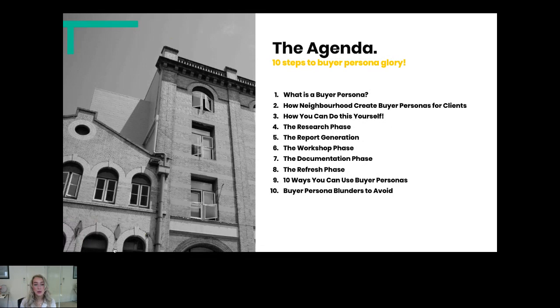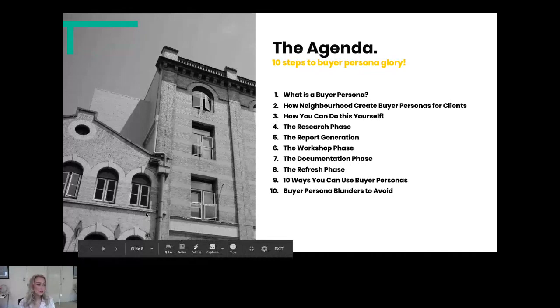We'll then go through each of the phases that we go through in our workshops. So we'll look at the research phase, the report generation, the workshop, documentation, and refresh stages. I'll then go through 10 ways that you can use buyer personas based on how we at Neighbourhood use ours. And I'll also look at some buyer persona mistakes that you should avoid to ensure that you're fine-tuning them so that they're the best they can be, basically.